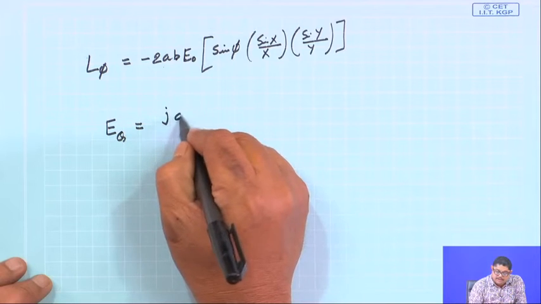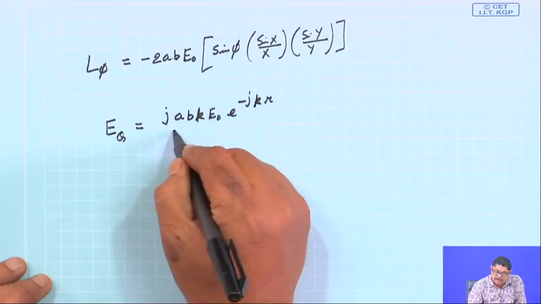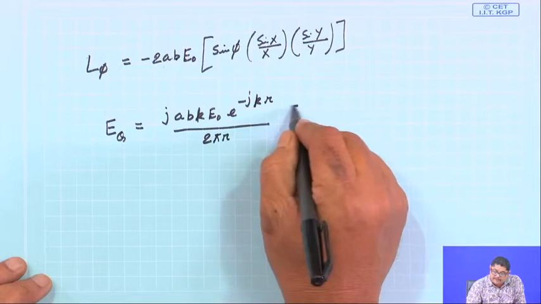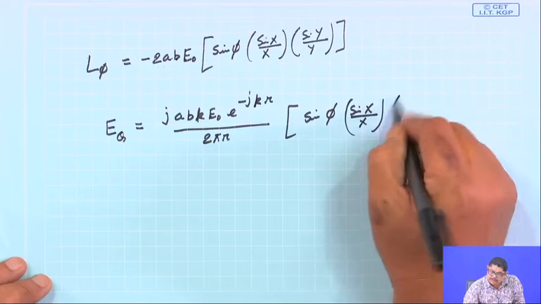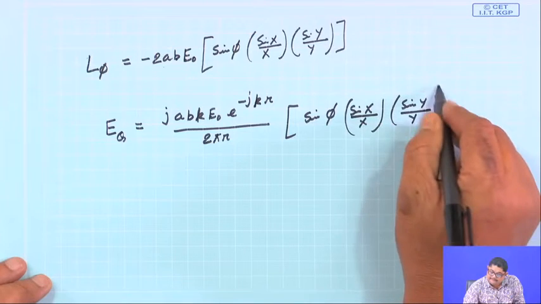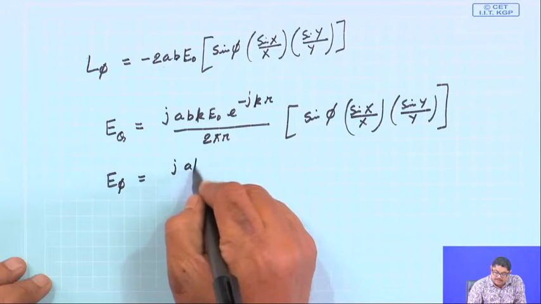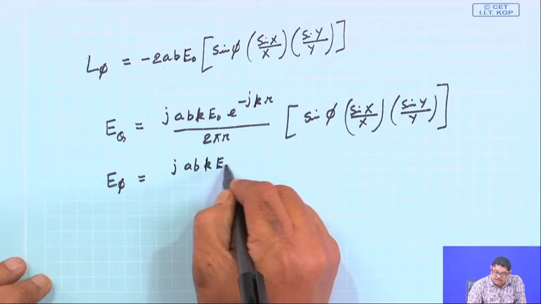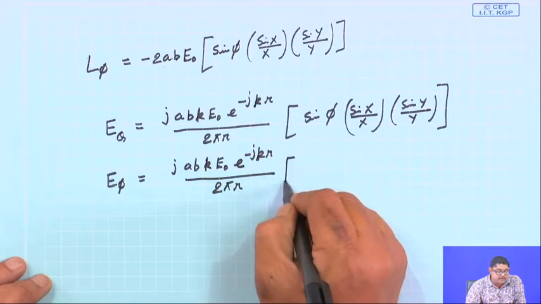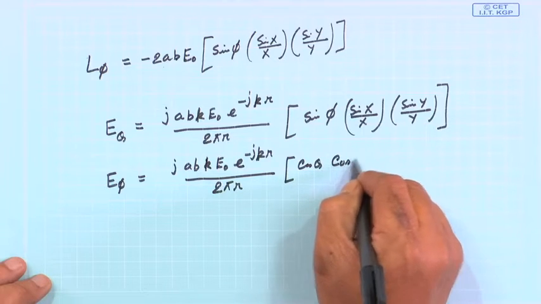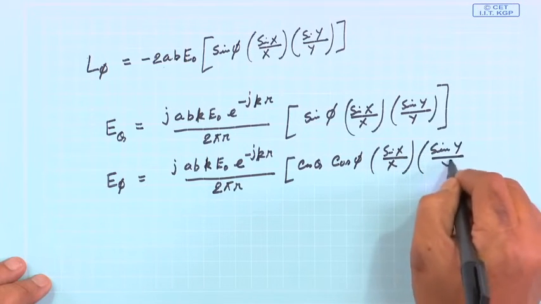Now it will be j a b k E naught e to the power minus j k r by 2 pi r, sin phi, sin x by x, sin y by y, and E phi will be j a b E naught e to the power minus j k r by 2 pi r, cos theta cos phi, sin x by x, sin y by y.